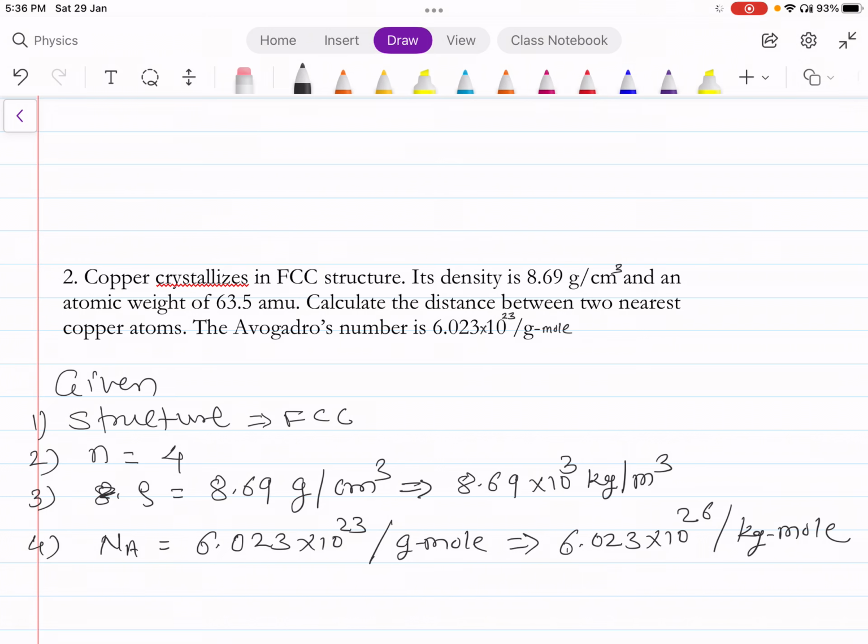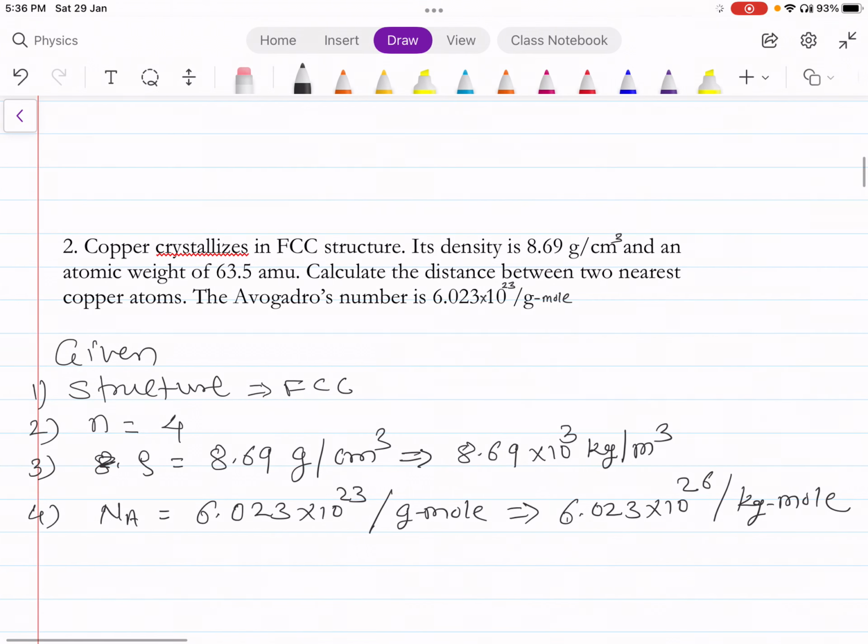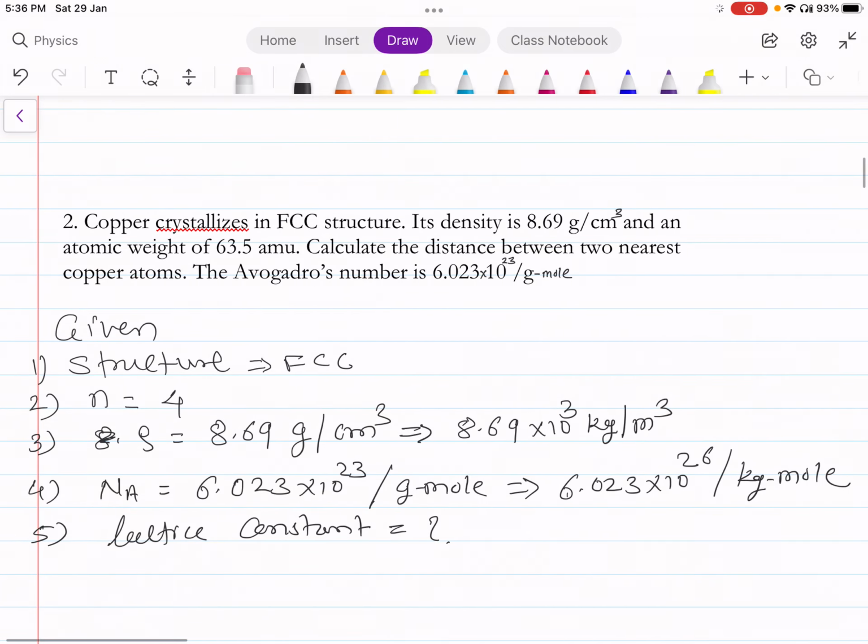And what is asked is to calculate the distance between two nearest copper atoms. So to calculate that distance d, first we have to find the lattice constant A, and then the interatomic distance.